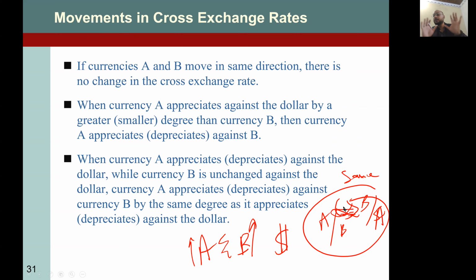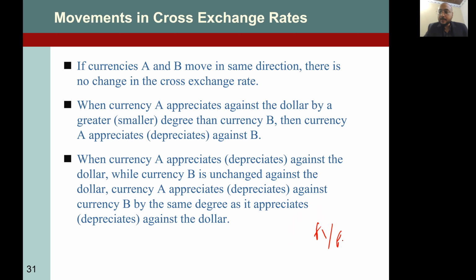B and A will go in the same direction. The cross exchange rate also will be appreciating against the dollar. I should write like A by B and B by A is the same, they are appreciating against the dollar.